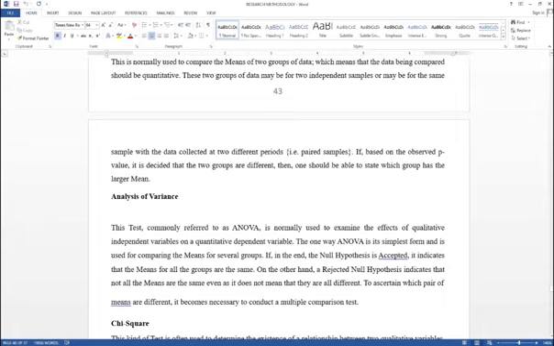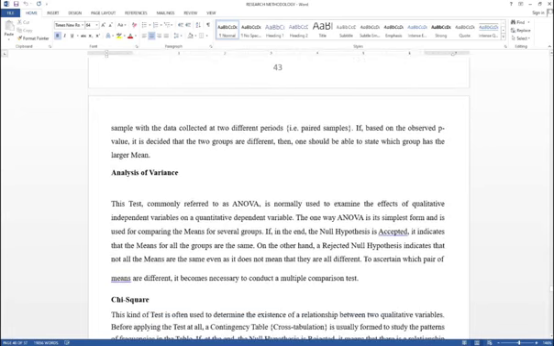So to ascertain which pair of means are different, it becomes necessary to conduct a multiple comparison test. A multiple comparison test will help us to know which particular pair of the means are different from each other.